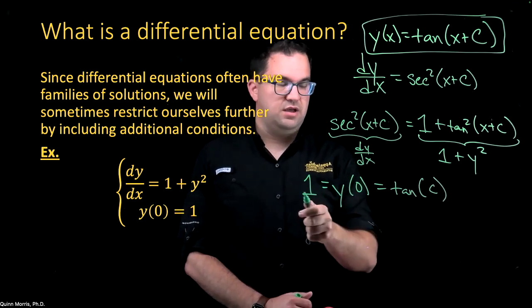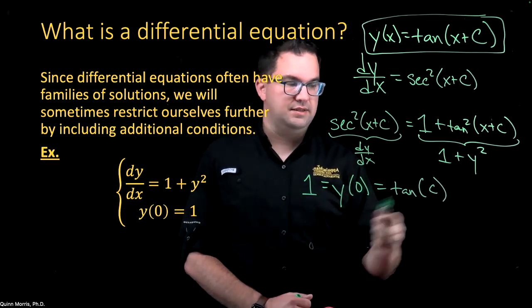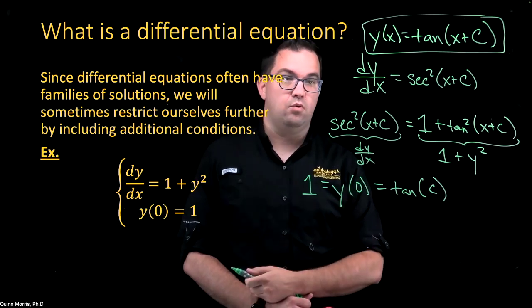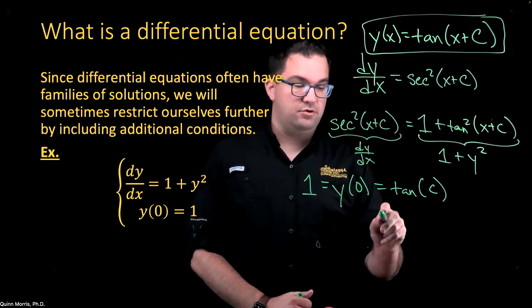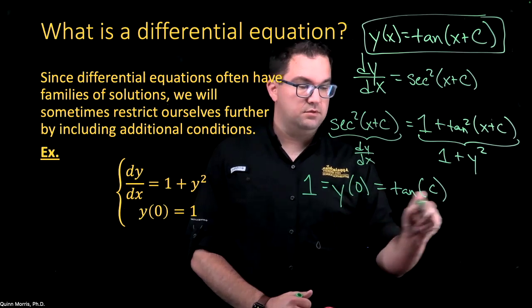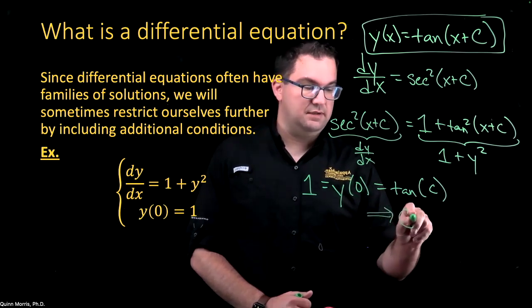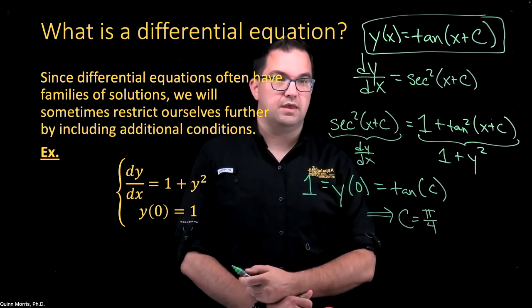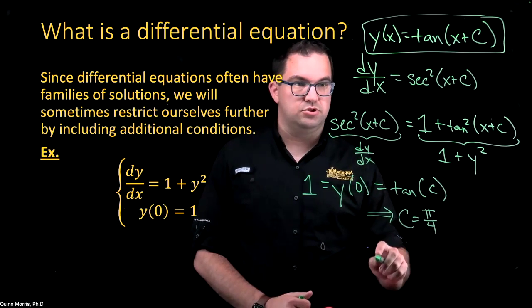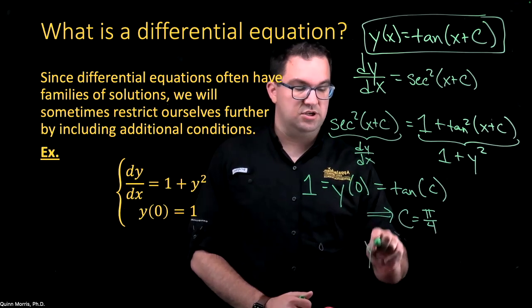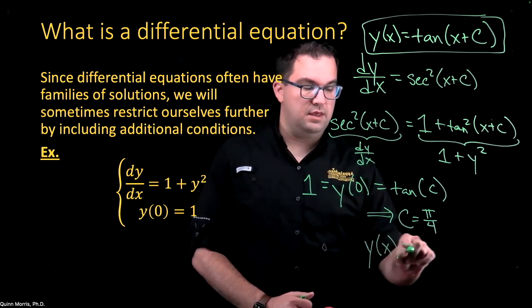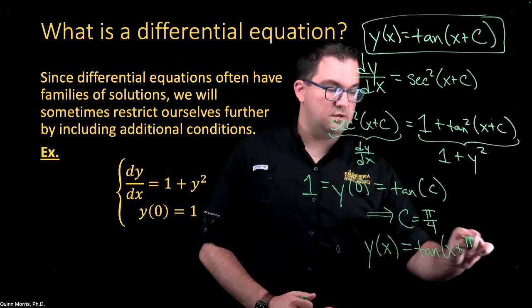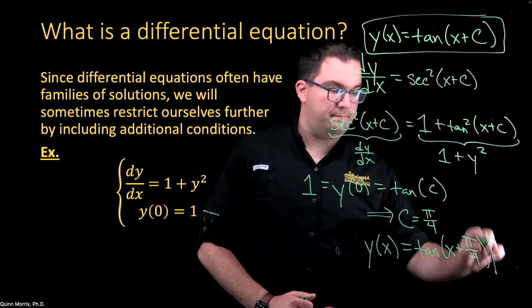And if I want tangent of c to be 1, I need to know what value of c is going to make tangent of c 1. And that value is actually pi over 4. So this implies that c is equal to pi over 4. And so in fact, here we get the solution to this initial value problem, that y of x is equal to tangent of x plus pi over 4.